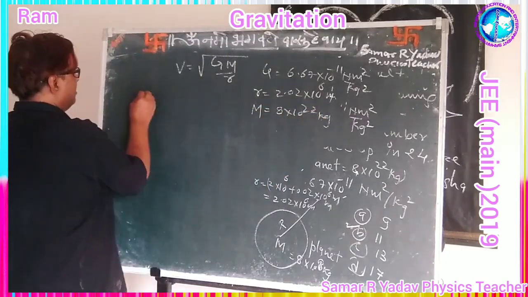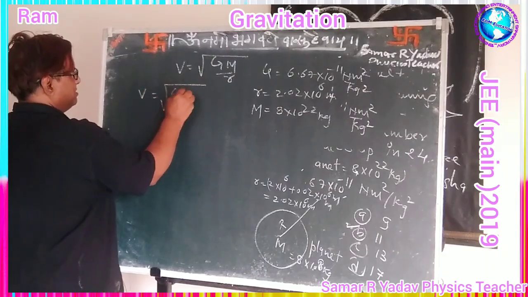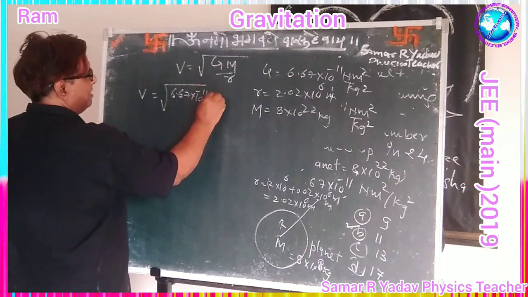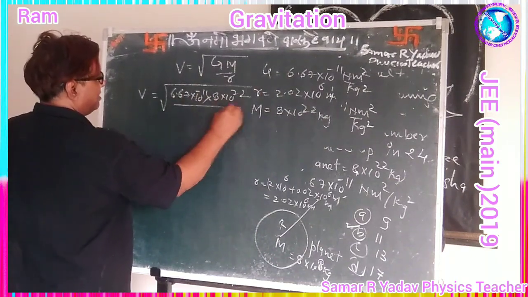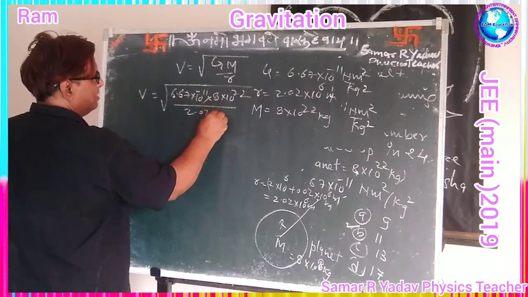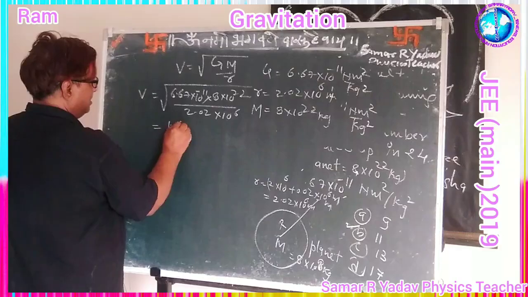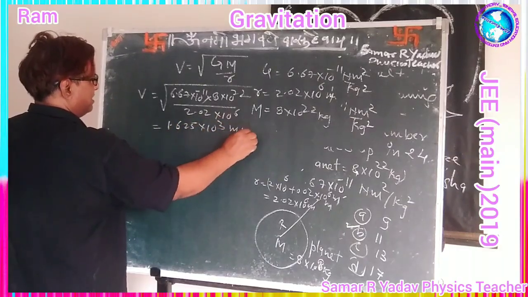Keeping these values, V is equal to under root of 6.67 into 10 power minus 11 into 8 into 10 power 22 divided by 2.02 into 10 power 6. Simplifying, you get 1.625 into 10 power 3 meter per second.